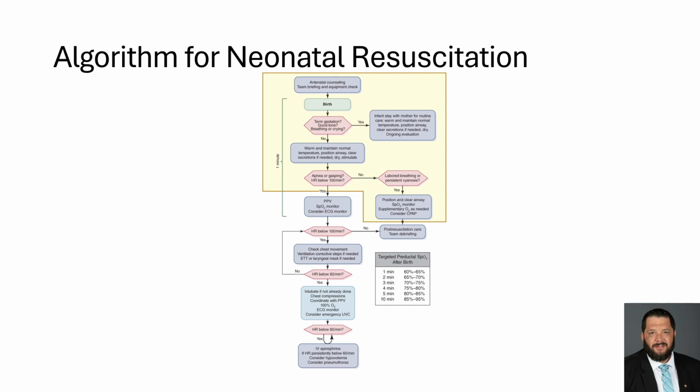No chest compressions, no oxygen within the first 60 seconds if baby is apneic, gasping, or the heart rate is below 100. And you're going to see here that we're targeting heart rate. That's what we're going to watch for. We know that with reduction in oxygen concentration with hypoxia, heart rate goes down. So we're using that heart rate as our metric here.